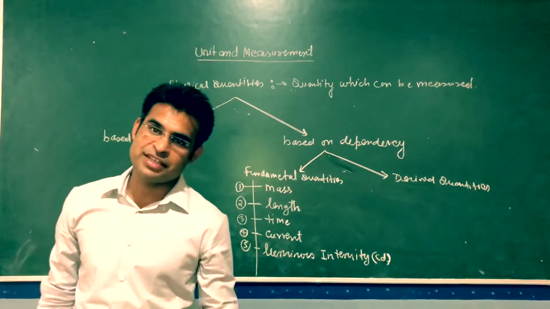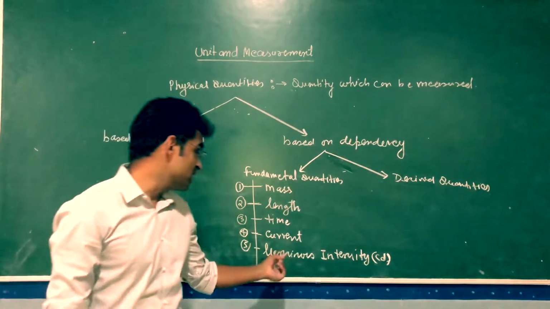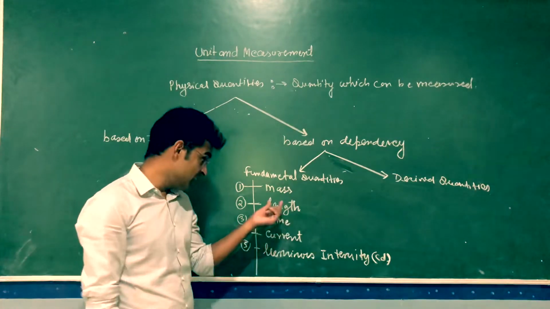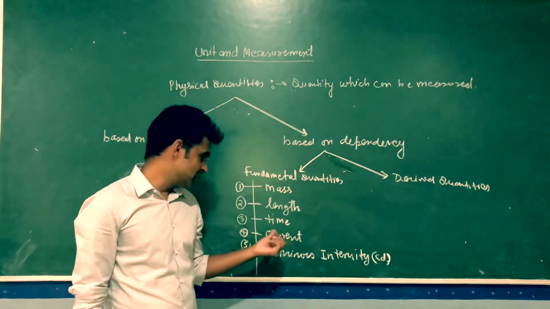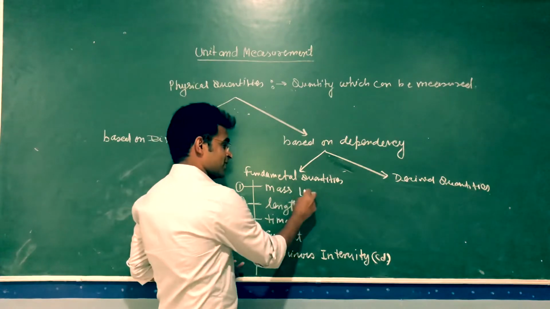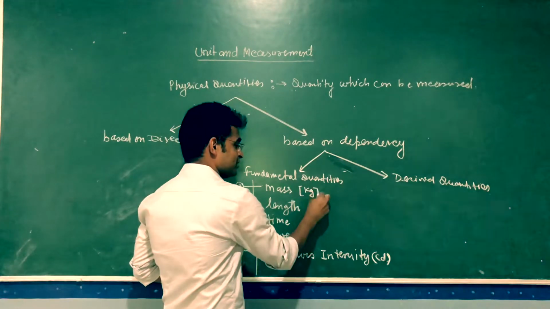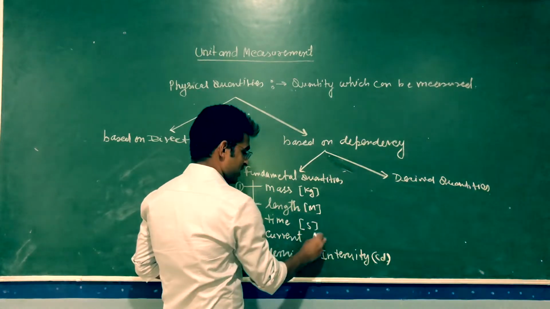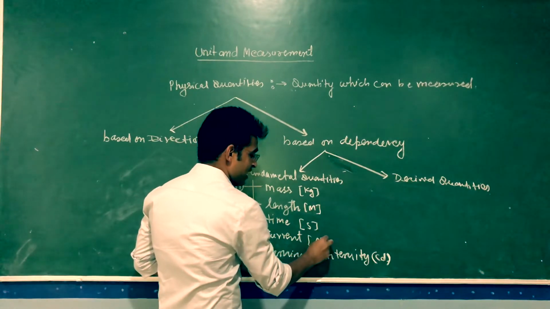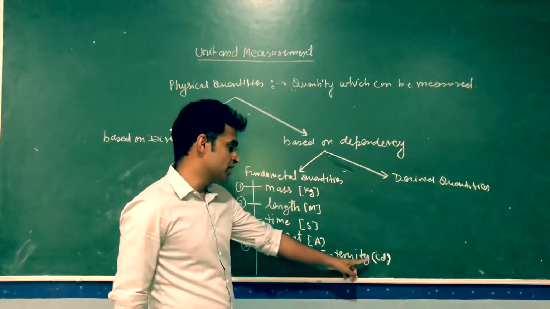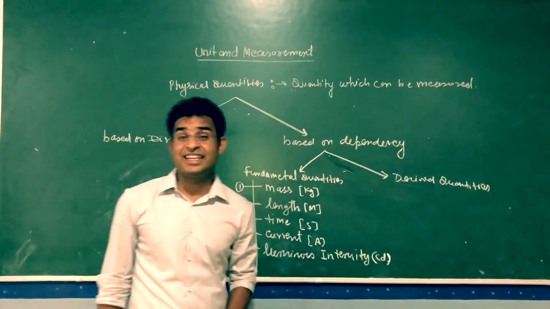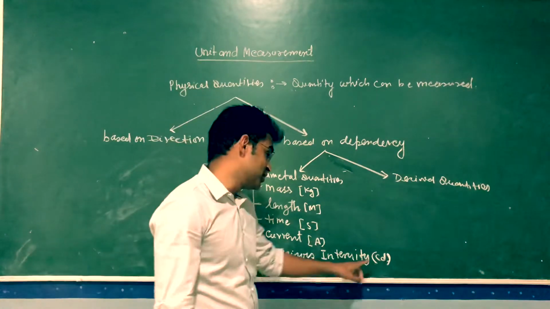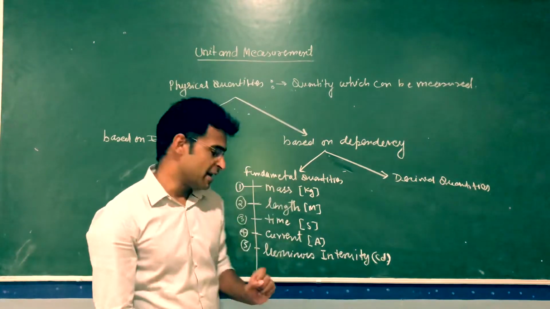Just like we measure mass in kg, length in meter, time in second, current in ampere, similarly we measure luminous intensity in candela. We represent it by cd.